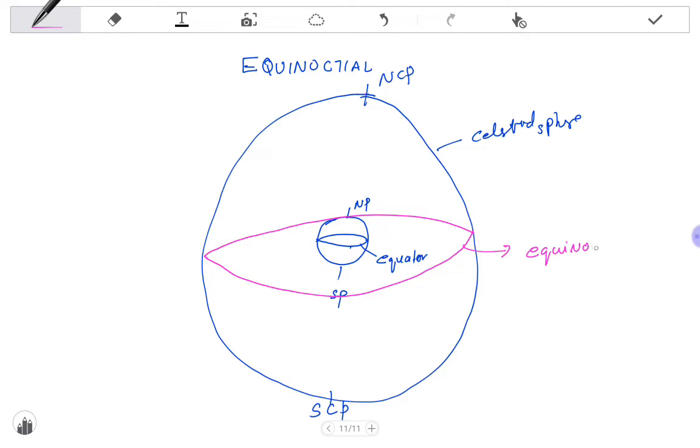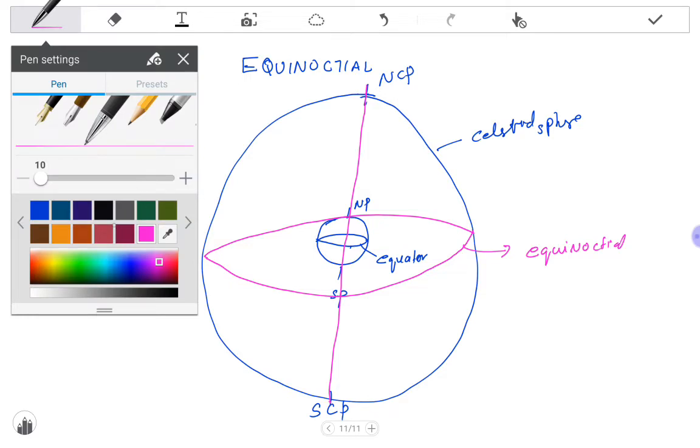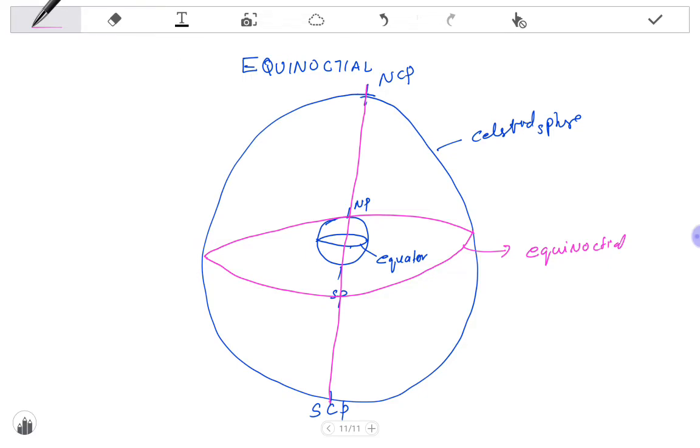So we have our north celestial pole, south celestial pole and equator. Our Earth's equator is perpendicular to the axis of the Earth, the north and south pole axis, right?